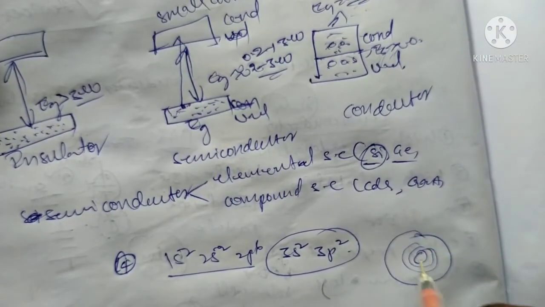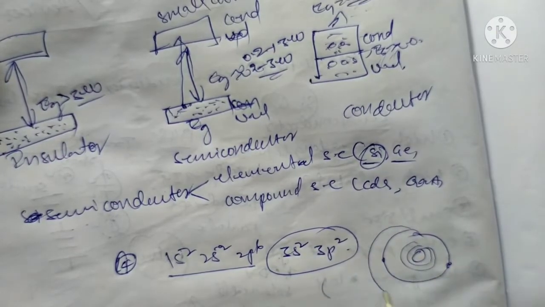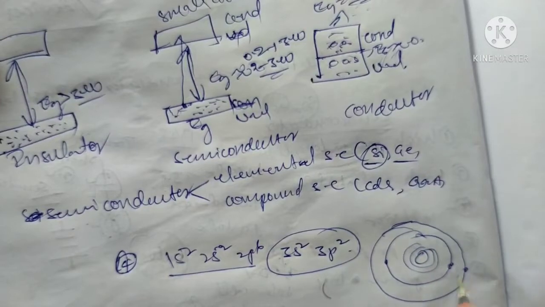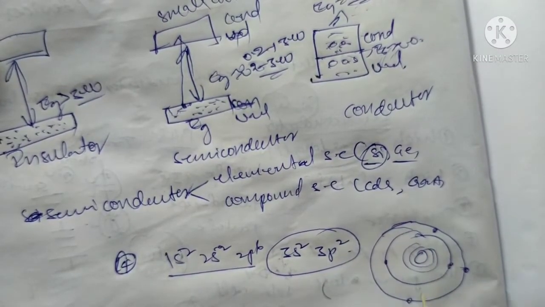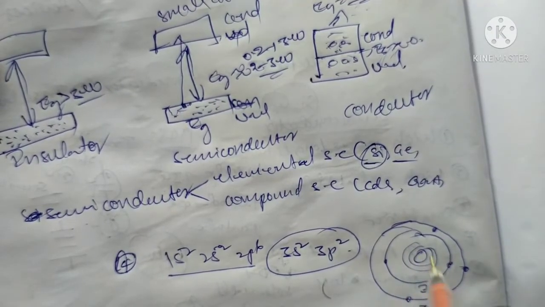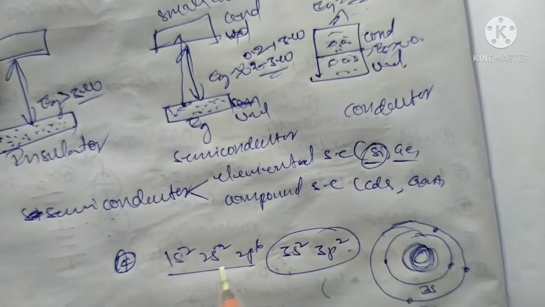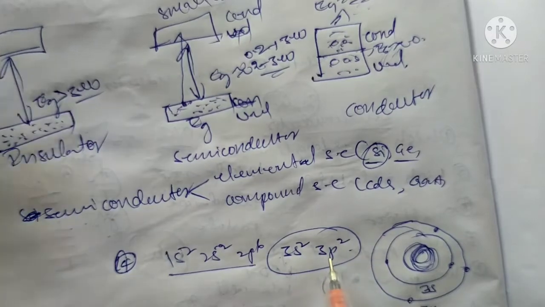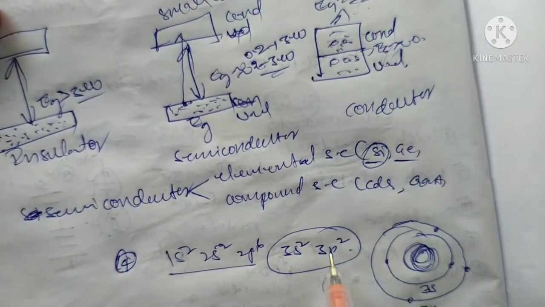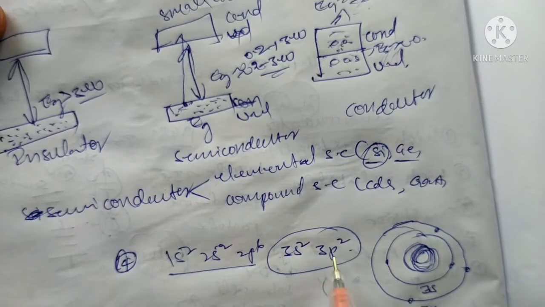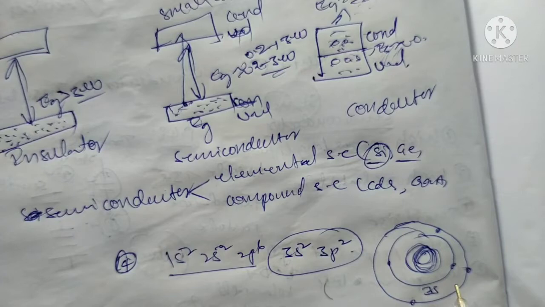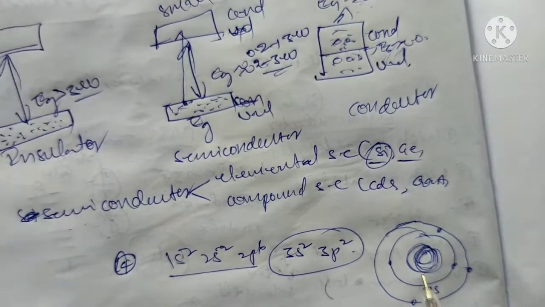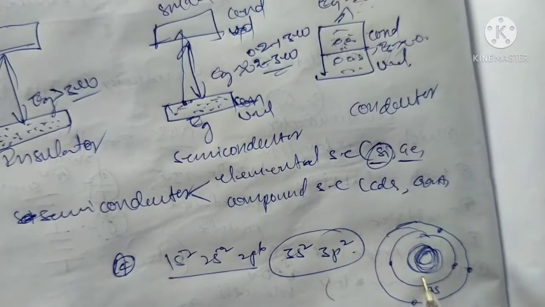Here 1s2 is fulfilled, 2s2 is fulfilled, 2p6 is fulfilled. This is the 3s orbital, this is the 3p orbital, and they are not full. These 4 outermost electrons in 3s2 and 3p2 can participate in the semiconductor materials.